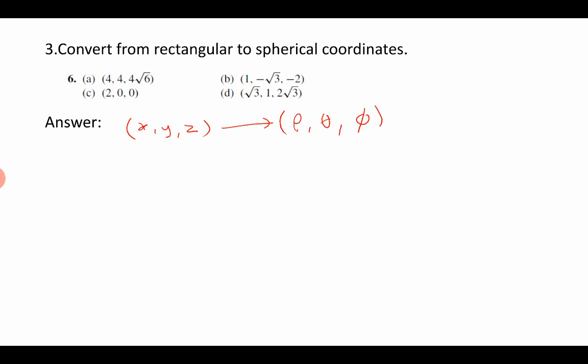Now we have to write the formulas for rho, theta, phi in terms of x, y, z. So what is rho? Rho has been written as the square root of x squared plus y squared plus z squared, isn't it?